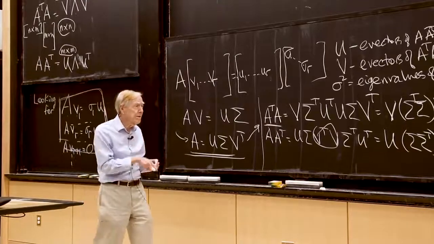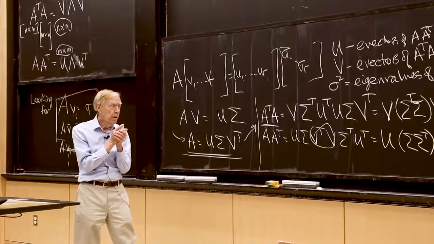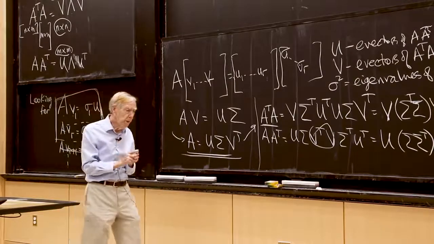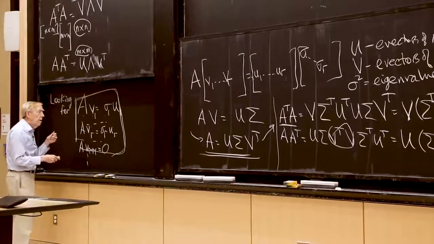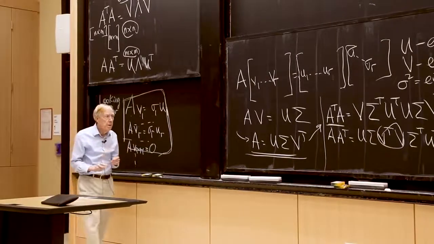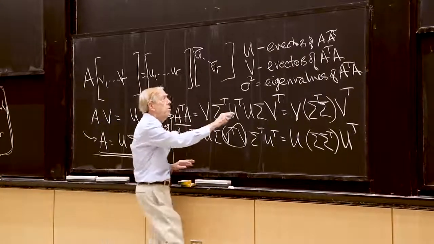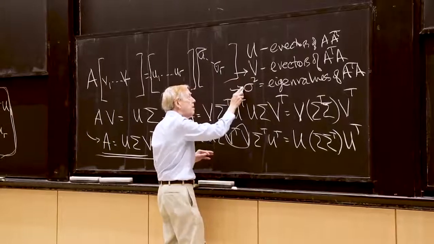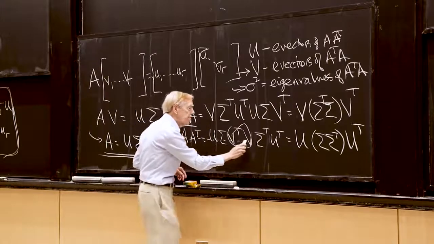In other words, there's a little bit of detail here. Actually, let me tell you the steps. Okay, so I use this to conclude that the V's, the singular vectors, should be eigenvectors. I concluded those from this step. Now I'm not going to use this step so much.